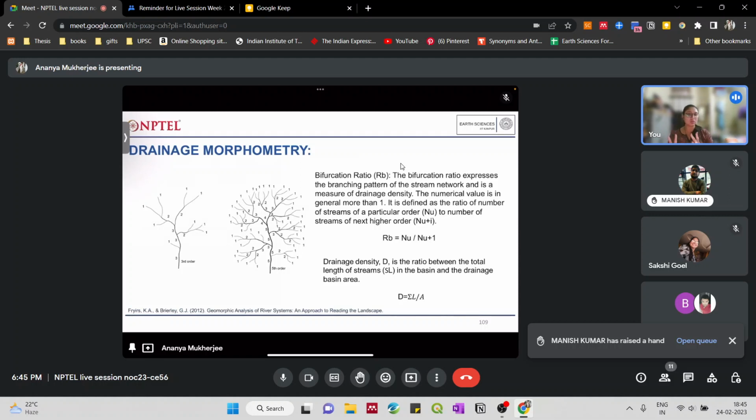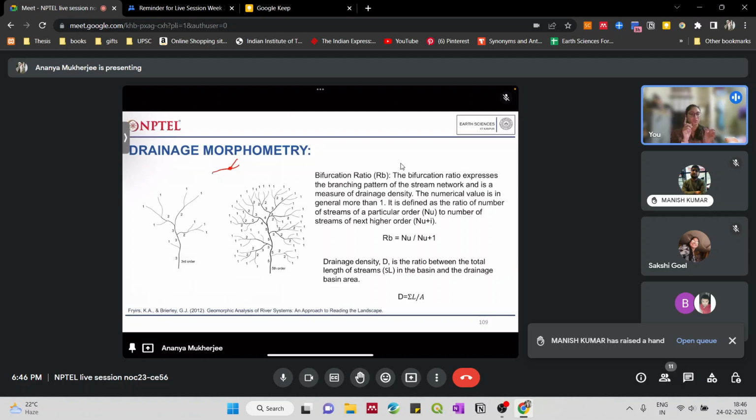Suppose these are two drainage basins we are considering. What are the stream orders? Stream order depends on the branching pattern of the stream. Suppose there is only one channel, not forming another channel, with no division where it splits into two different channels.